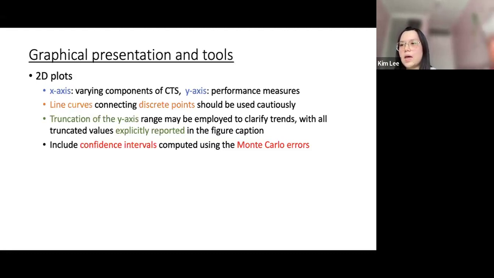Truncation of the y-axis range may be employed to clarify trends if needed, with all truncated values explicitly reported in the figure caption. We also suggest including confidence intervals computed using the Monte Carlo error when appropriate. Otherwise, we may report the error range in the figure caption.